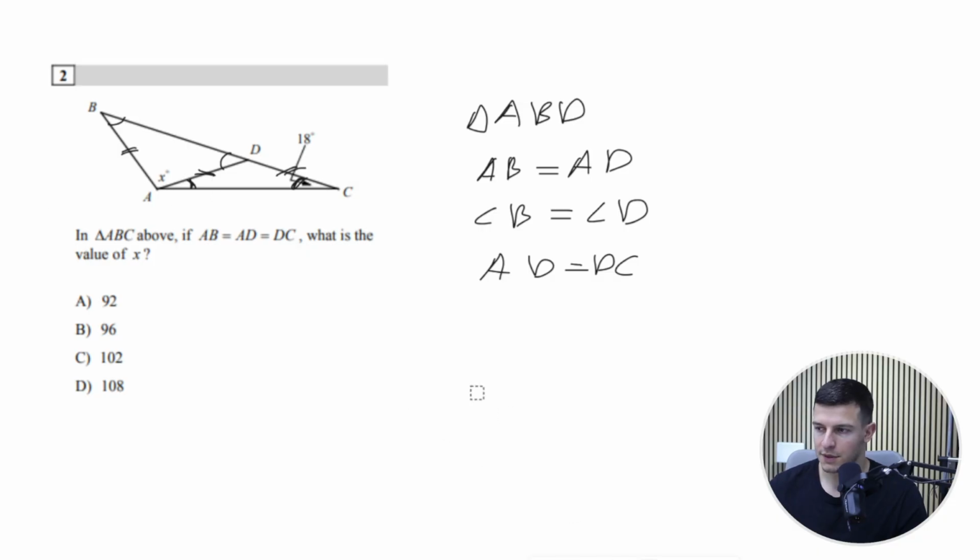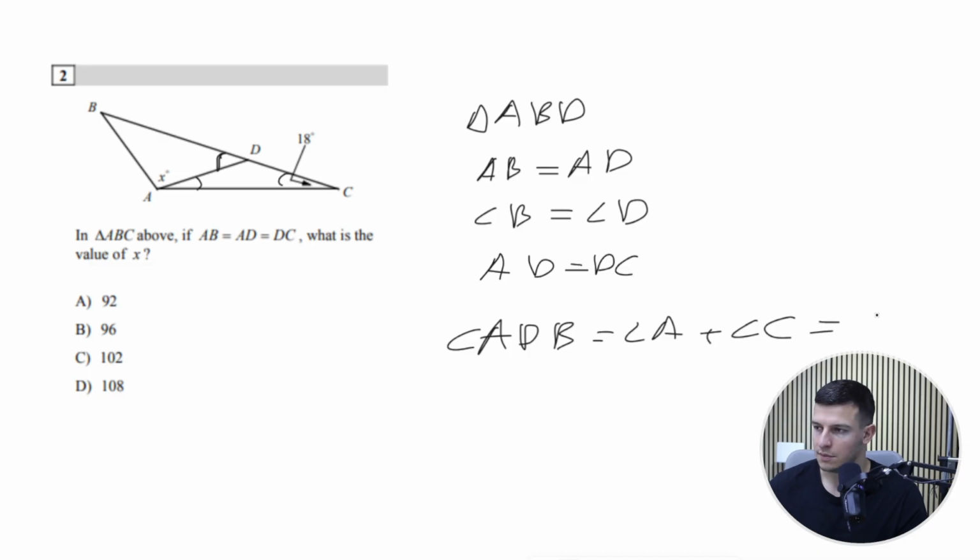Okay, so let's build it up slowly. Now, we know angle C is 18. If this is 18, this is also going to be 18 because the sides are equal, okay? Then this angle right here, angle ADB, according to the exterior angle theorem, is going to be equal to angle A plus angle C, okay?